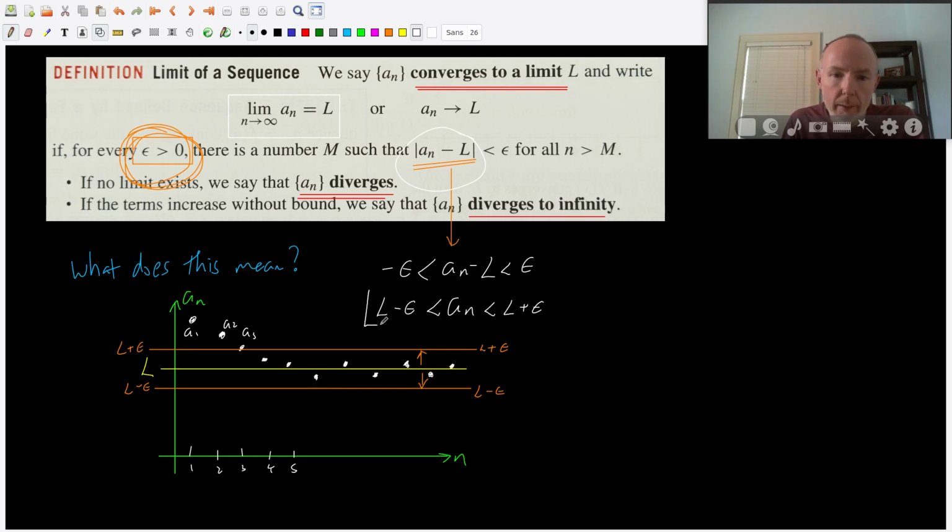And you've seen this limit definition in Calc 1. But this idea says that the value of a sub n is between these two lines that I've drawn here.